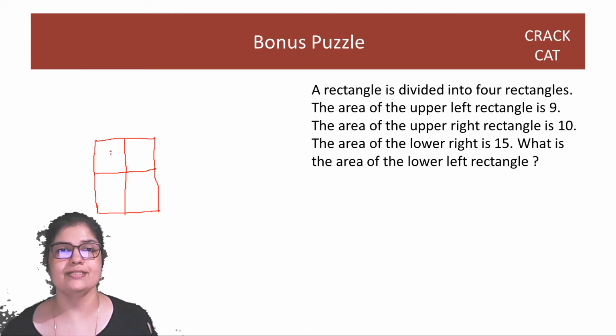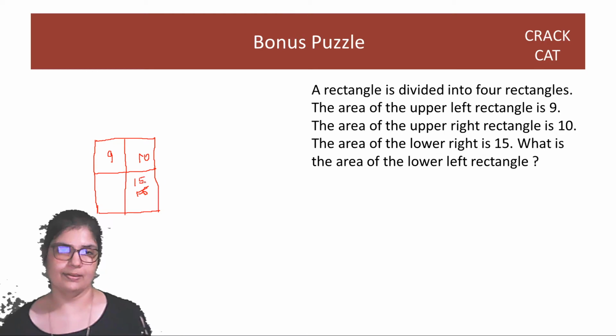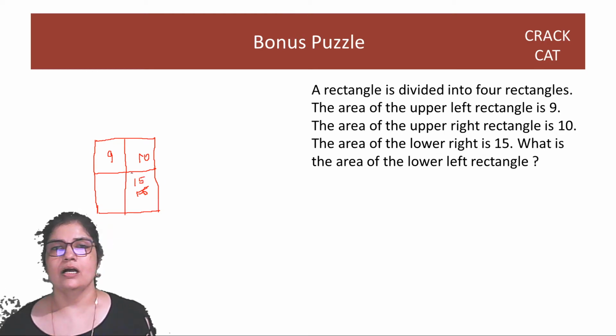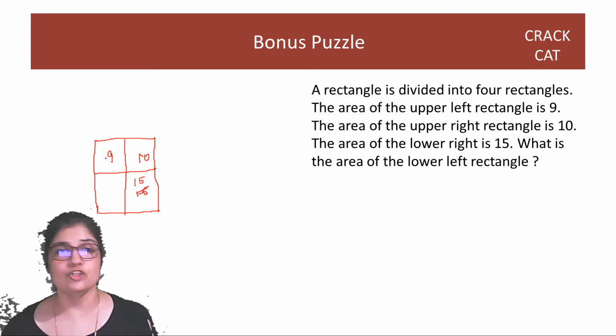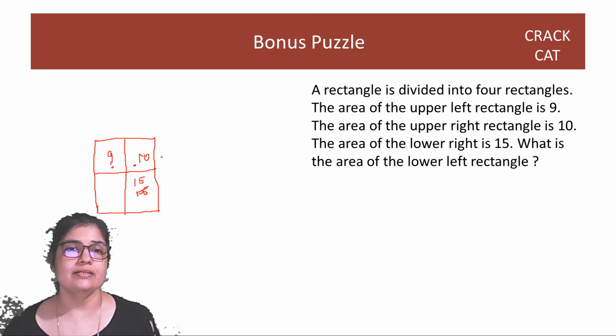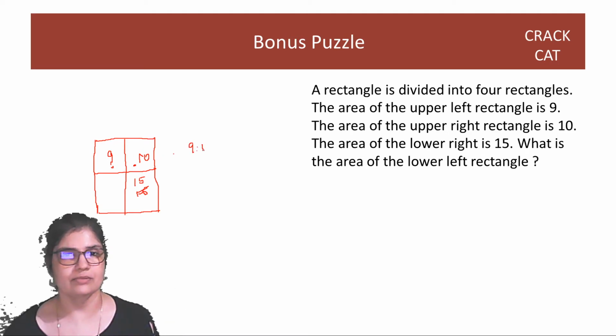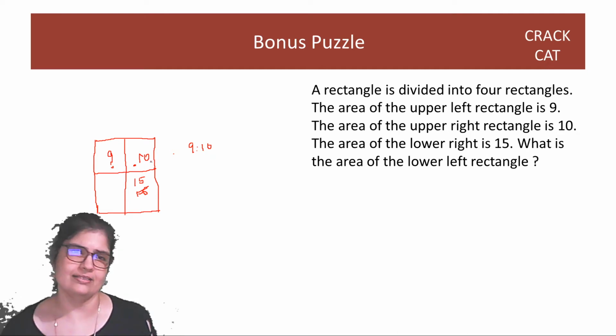Out of which this is 9, this is 10 and this is 15. Correct? So there is a ratio from here, right, from this rectangle to this rectangle. What is the ratio? The ratio is basically 9:10. Now that's pretty clear. Now why does this difference in area exist?